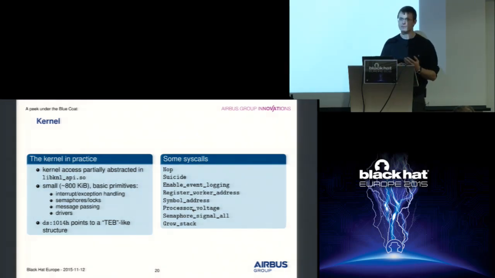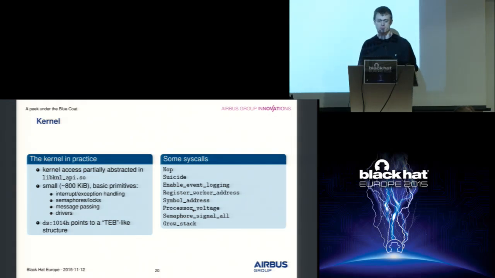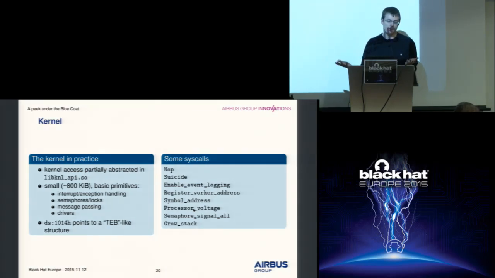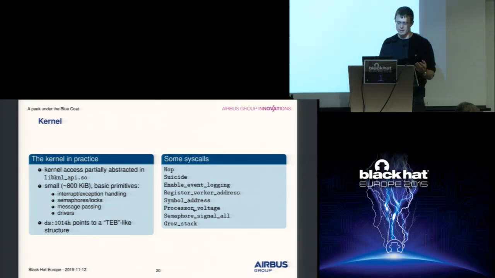And as you would do in Windows or Linux with the libc and kernel32.dll, the kernel is not called directly from the binaries. It's abstracted into a library, libkernel API. So if you want to know what's going on and what syscalls are called, you just reverse engineer the API library.